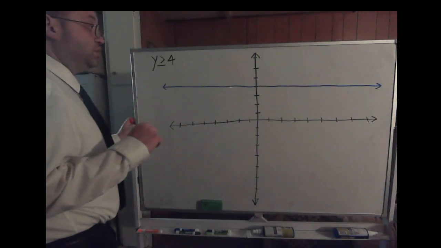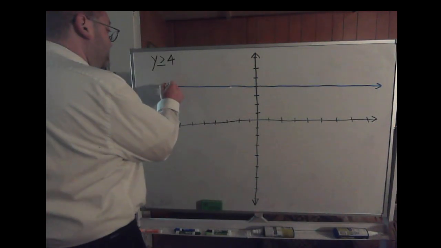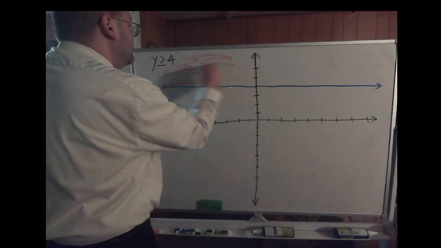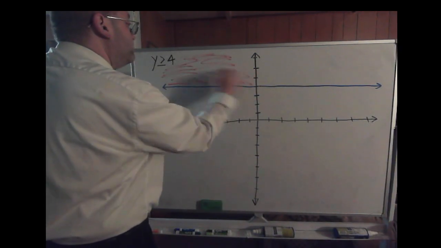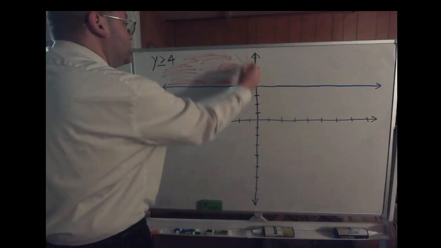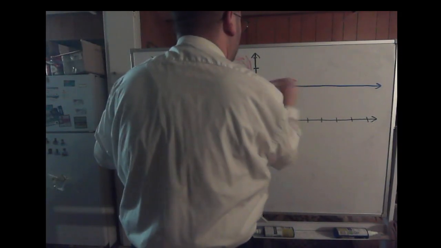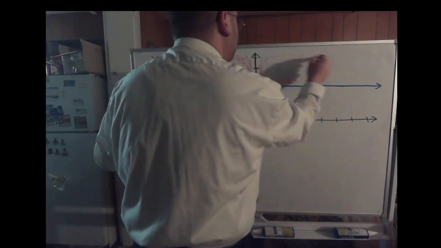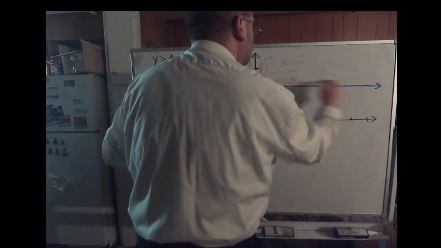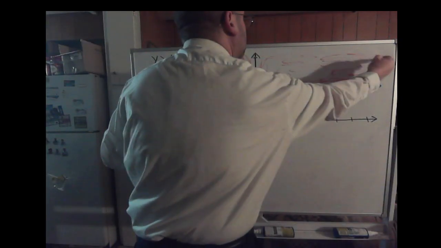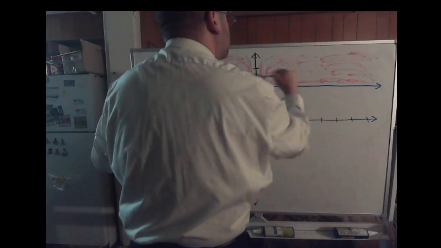Then what you do, it's fun here, you just shade the entire region above it. Since y is greater than or equal to 4, you're just going to shade the entire region above y equals 4. This could be trying on the markers for sure, but just get a nice representation here.